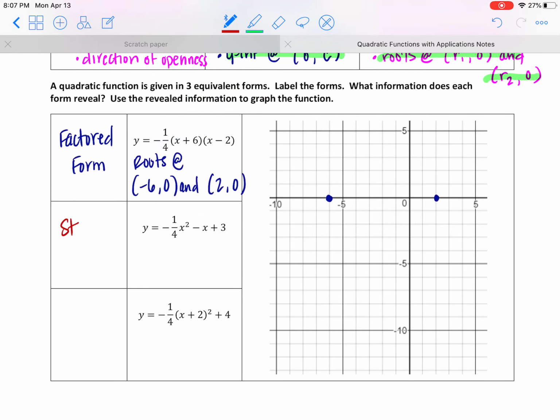Okay, now this one is our standard form. This is all multiplied out. Our standard form again shows me that it's going to open down, and that 1/4 is going to be a compression of the graph, but more importantly, this tells me where this graph is going to cross the y-axis. So based on this function, it has a y-intercept at (0, 3).